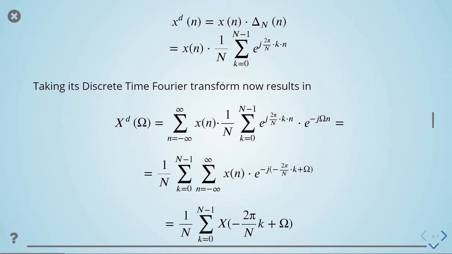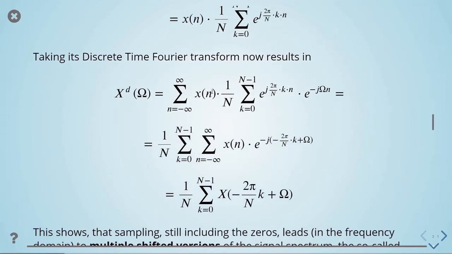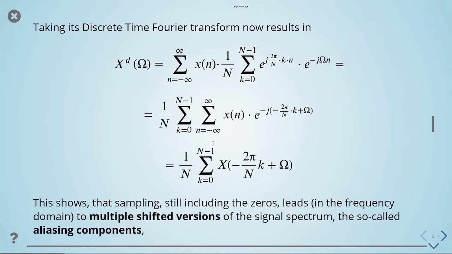So what we're doing is we're taking the DTFT, so the discrete time Fourier transform. So this is here, and then there is a summation from minus infinity to infinity, and here we have the e to the minus j omega n. So from here we can get this equation here, and this is the result.